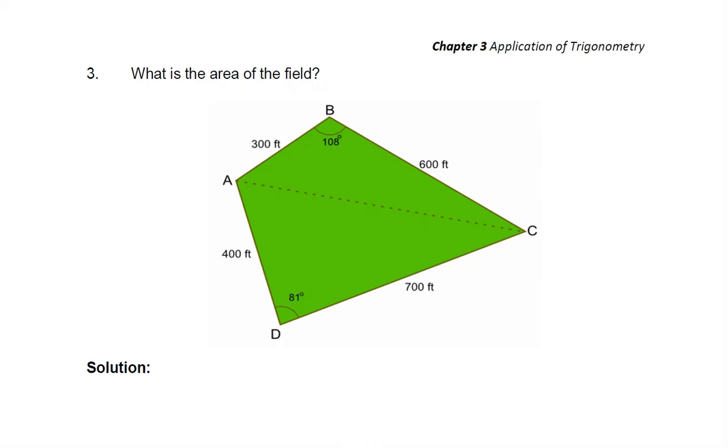What is the area of the field? So you have all the information, but you need to calculate two triangles. One is triangle ABC, and another one is triangle ADC. So if you want to know the area for ABCD, you just add these two triangles.